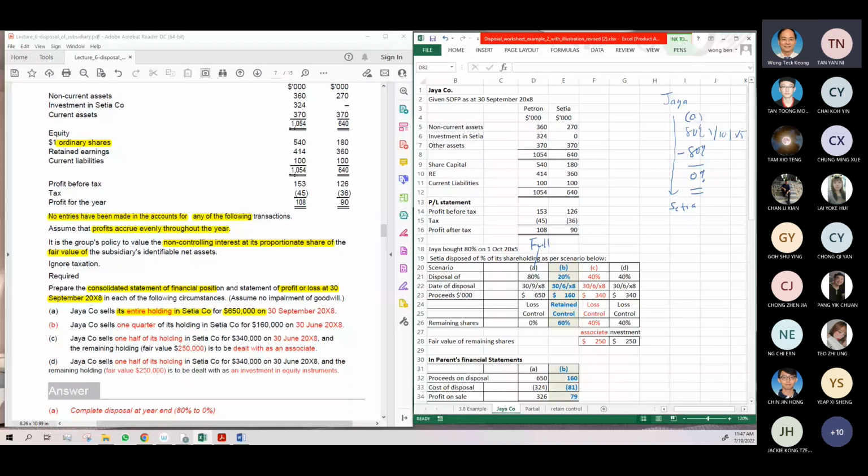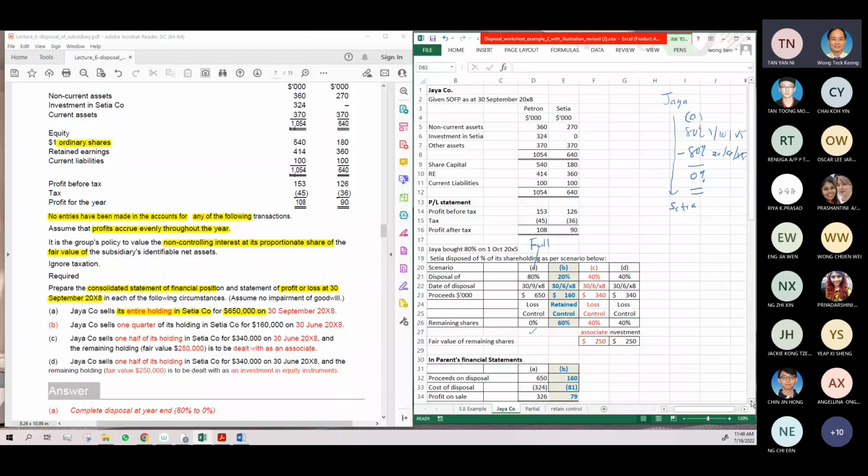Okay, on 30th September X8, so at year end, they sold for 650. So in this case, definitely a loss of control, 0%. With a loss of control, we must compute the gain or loss on disposal.